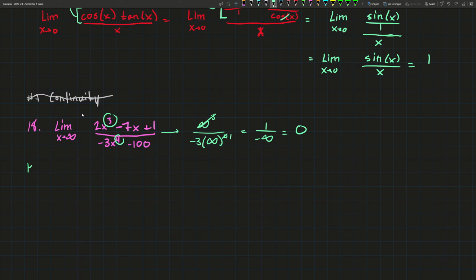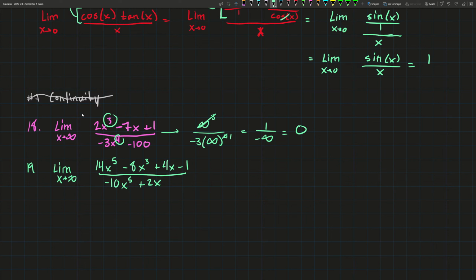19, limit as x approaches infinity of 14x to the fifth minus 8x cubed plus 4x minus 1 over negative 10x to the fifth plus 2x. Okay.